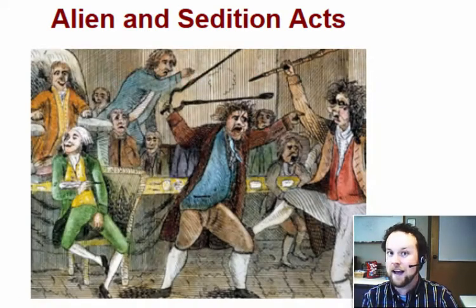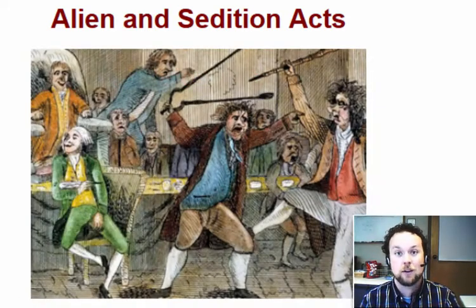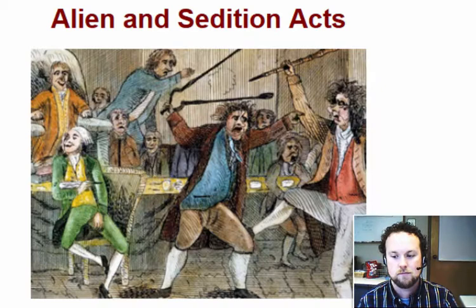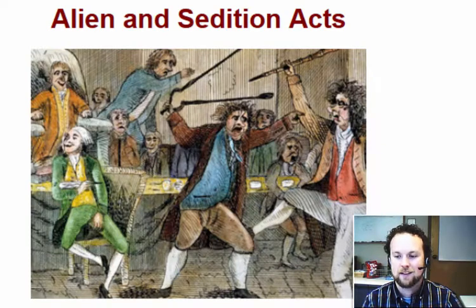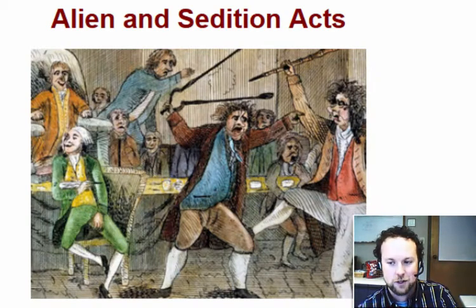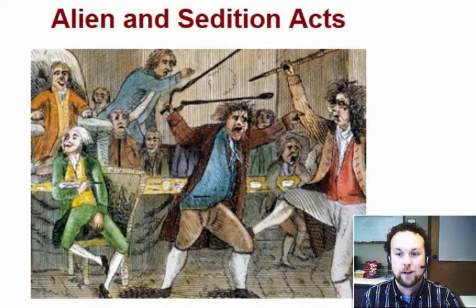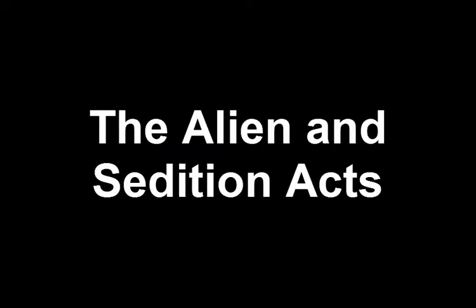Under this act, a lot of Republican newspaper editors, citizens, and even some members of Congress were fined or jailed for speaking their minds. And as you can see, the Alien and Sedition Acts led to fights in Congress and led to actual physical altercations even in Congress.